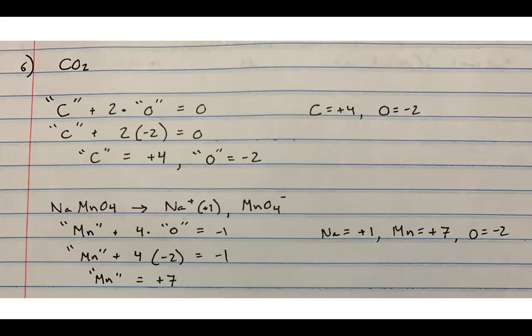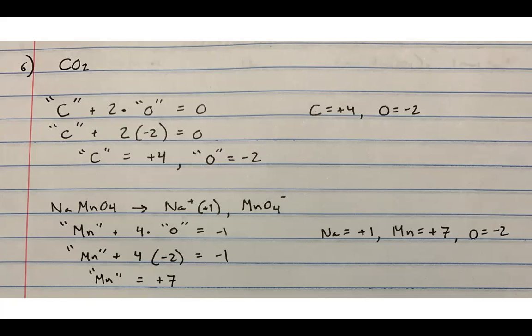Now, sodium permanganate, right? That's actually an ionic compound. So that actually splits into different ions. So it splits into Na+, which is a monatomic ion, which means that the element has an oxidation number equal to its charge, right? So sodium plus, that tells us sodium has a +1 oxidation number. Okay, but changing our attention to permanganate, MnO4 minus, right?